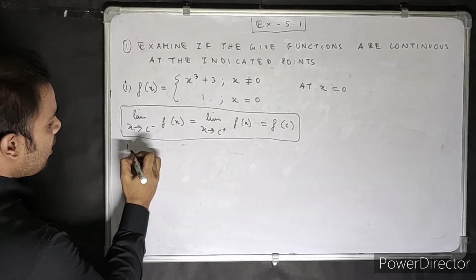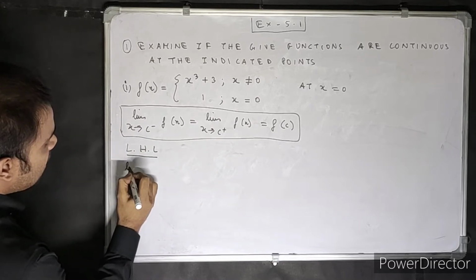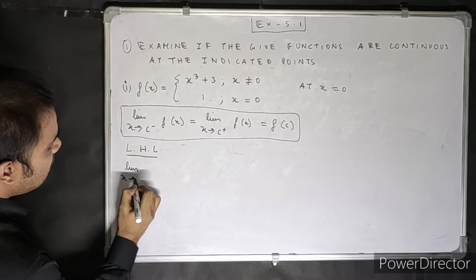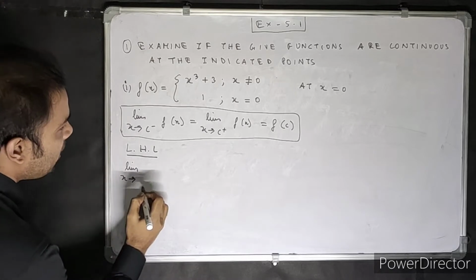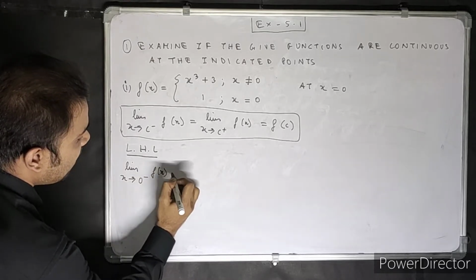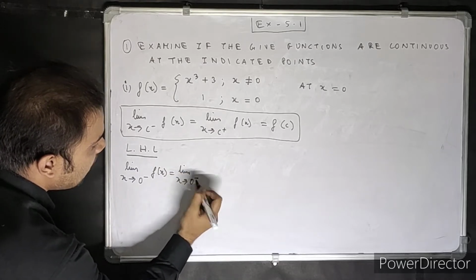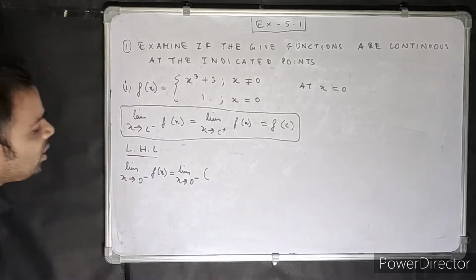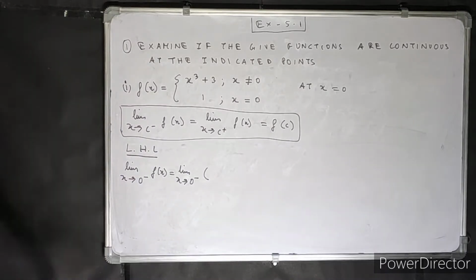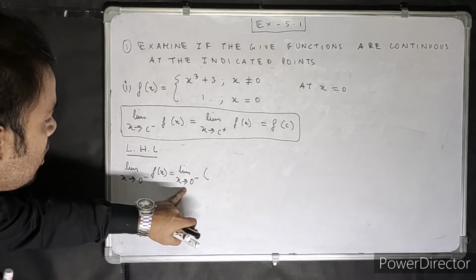So let's start. Write LHL, that is called the left hand limit. So write limit of x tends to 0 negative, f of x. Now which value are you going to take? Are you going to take 1? No, because x is not equal to 0.